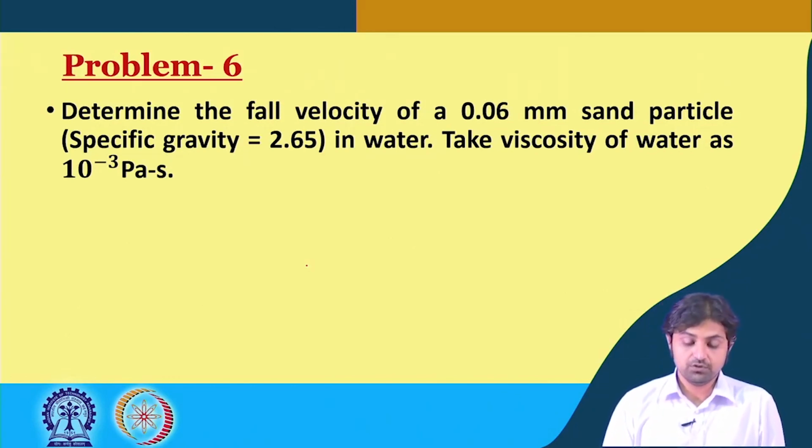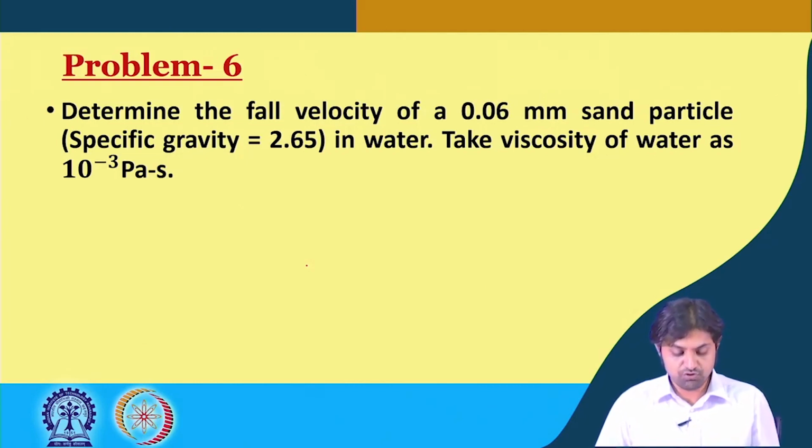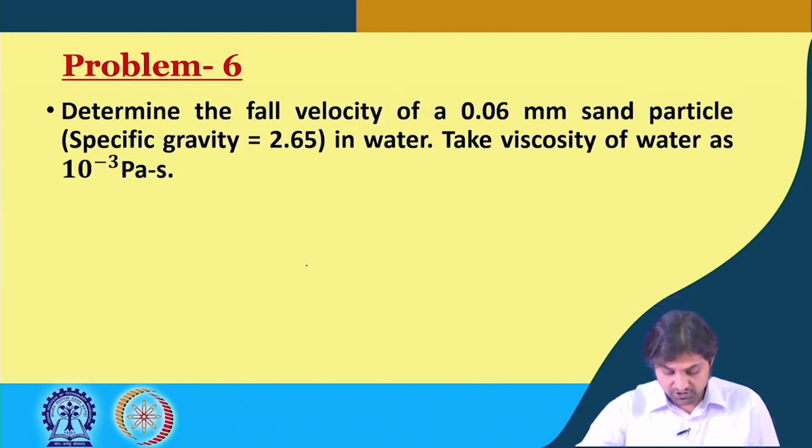Here you are given the diameter of the particle, we have given the specific gravity, therefore you know the density of the particle, water properties you already know, and viscosity has actually been given already to you. It is 10 to the power minus 3 Pascal second. By this time you need not be given the viscosity of water all the time, you must have an idea how much that viscosity is.